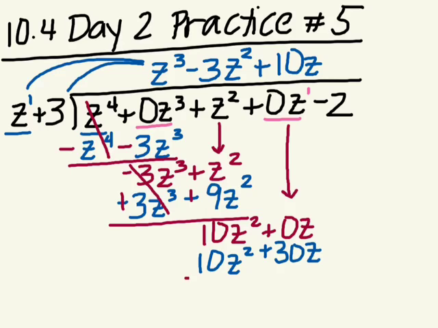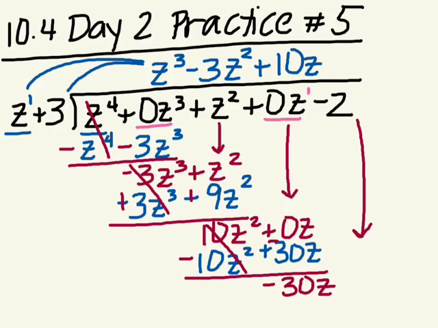Draw your line, switch your signs, and add. So that 30 becomes negative. It's kind of hard to see that negative in there. And then we have -30z. We need to bring down this -2 that I have here at the end. So z times -30 is going to give us -30z.